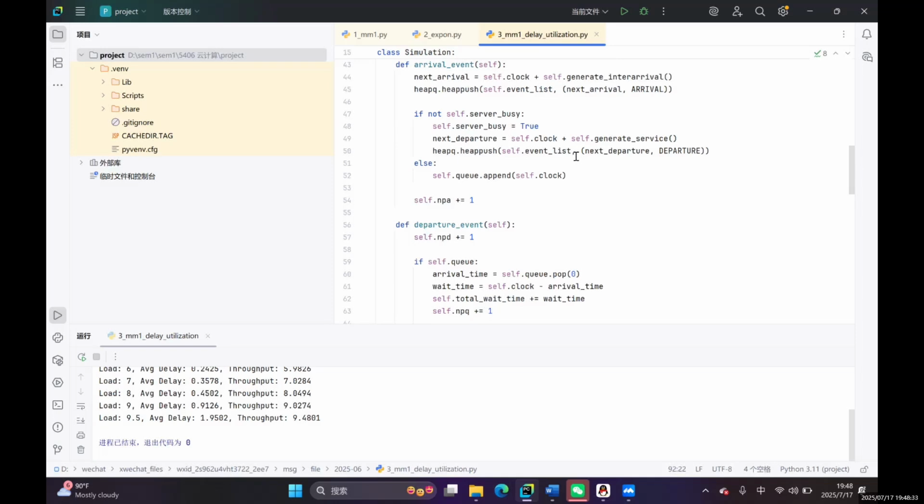So this exercise taught me how to use class-based simulation for cleaner code, how to visualize performance bottlenecks using graphs, and how to interpret how system efficiency and user experience degrade near capacity limitations, which is really important in networking, cloud computing, operations management and other areas.